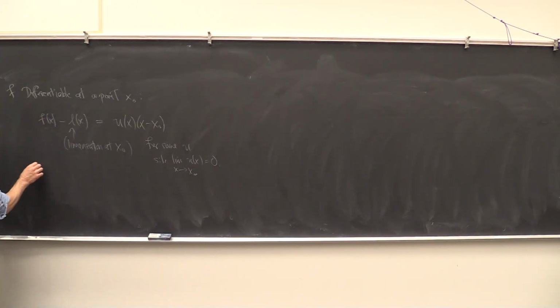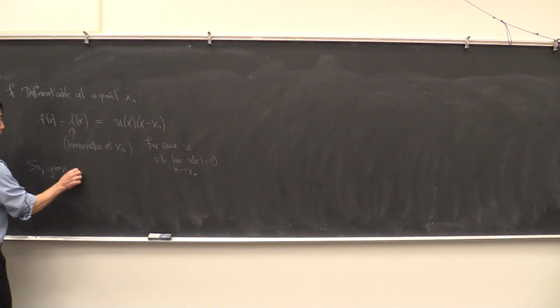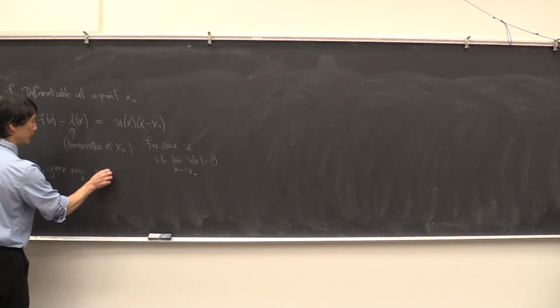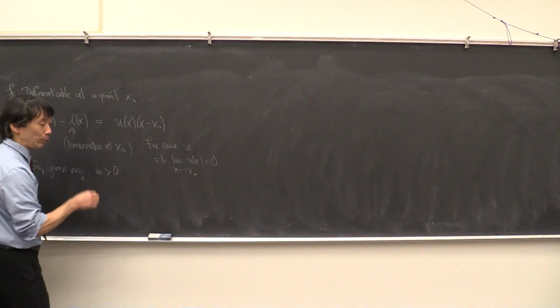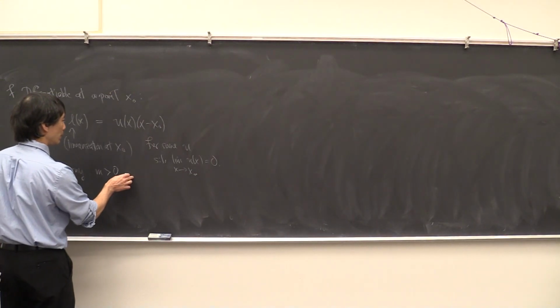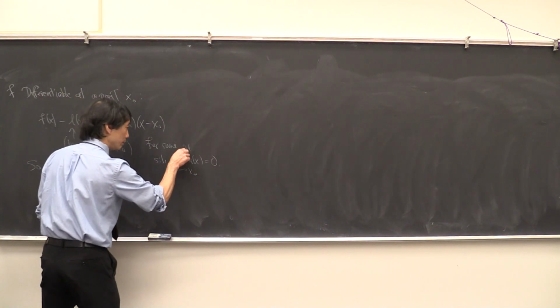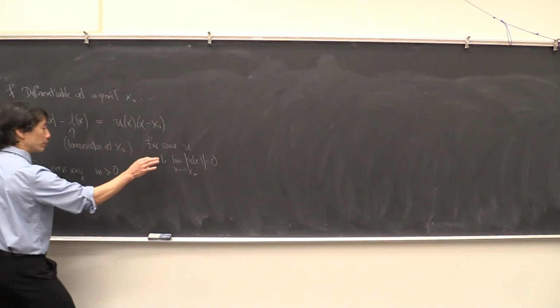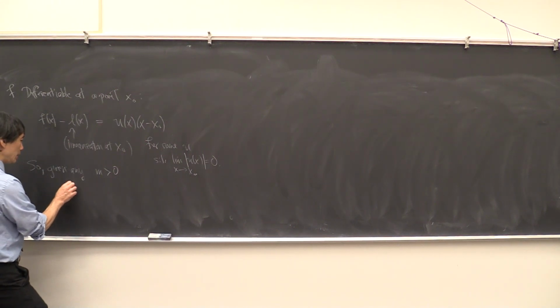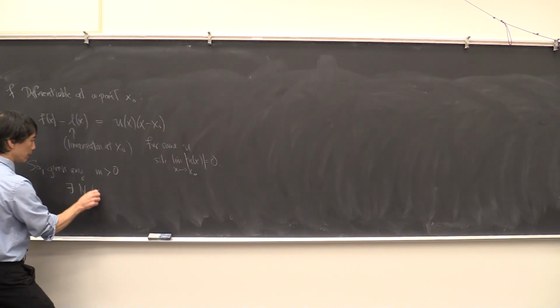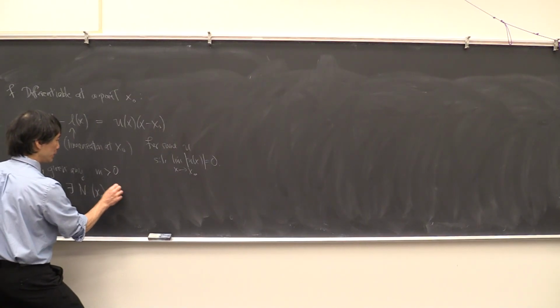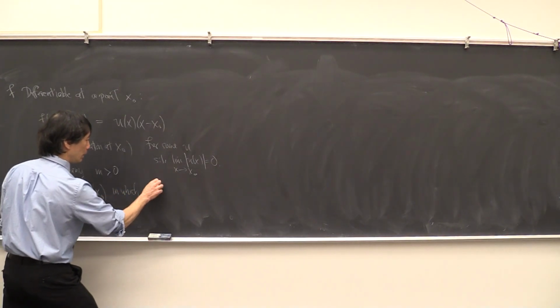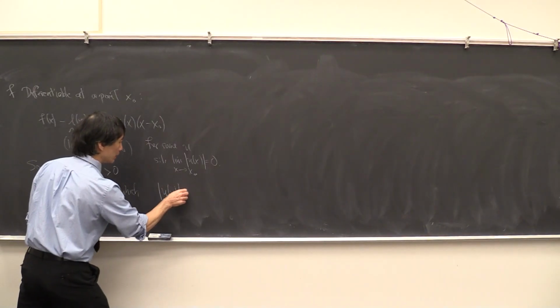So in particular, u goes to 0. Given any slope m, positive slope, and again, let me put absolute values on this, there exists a neighborhood around x naught in which the absolute value of u is smaller than m.